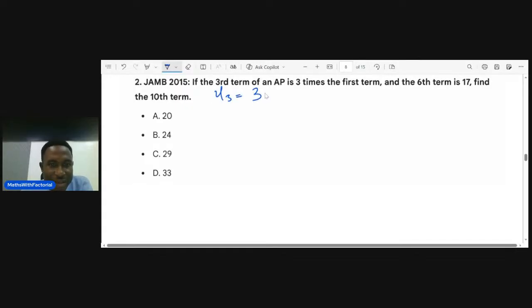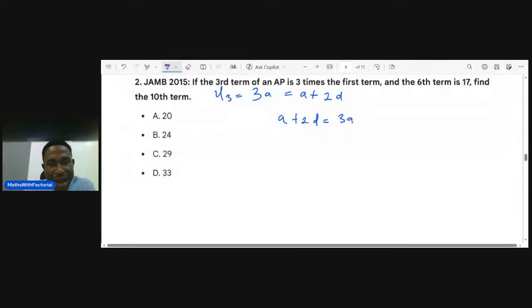Is 3 times the first term. The first term of an AP is what? A. This is what they are telling you to do. And of course, you know that this one is A plus n minus 1. N here is what? Is 3. 3 minus 1, 2d. So this is your equation. A plus 2d equals to what? 3a. This is the interpretation.